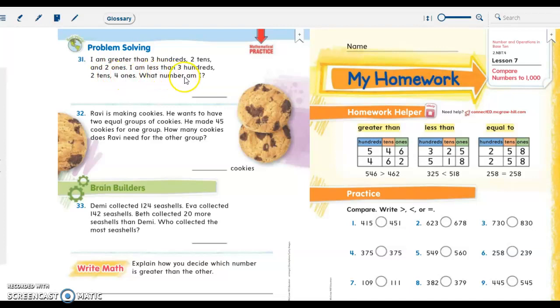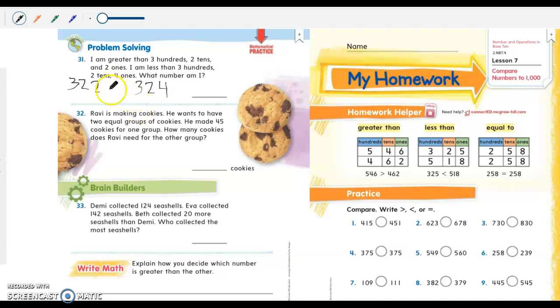What number am I? Okay, so to figure this out, let's remember to write out what you read. Okay, you have 300, 2 tens, and 2 ones. And then you have 300, 2 tens, and 4 ones.